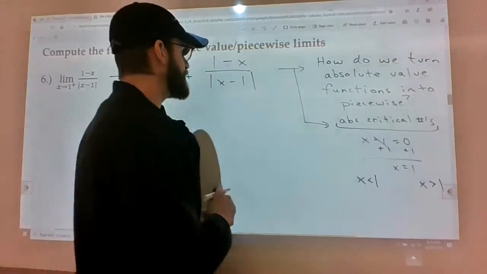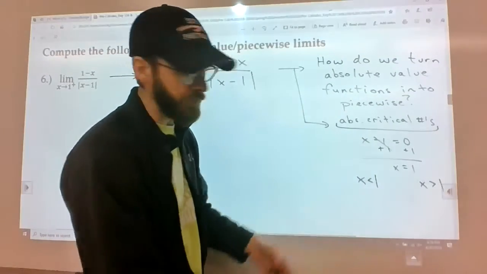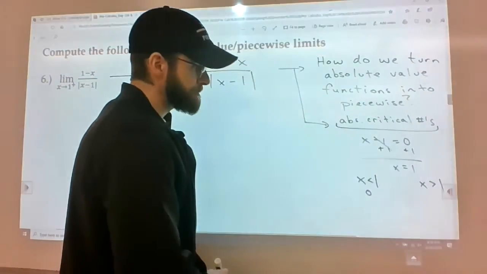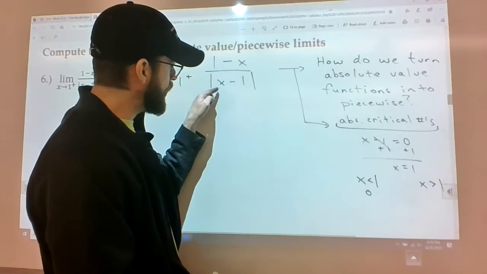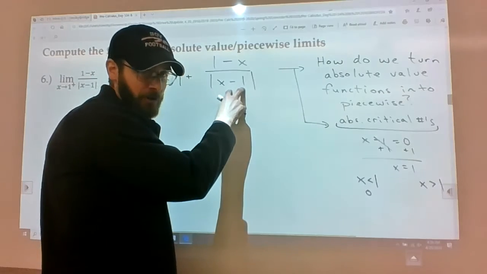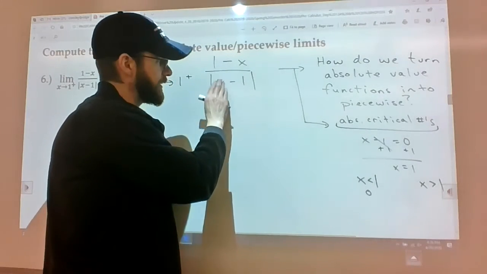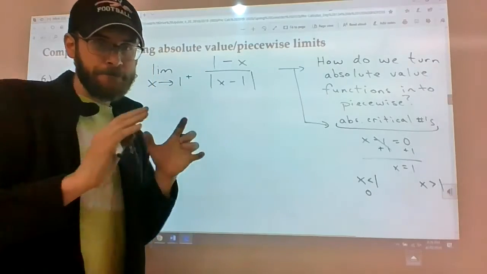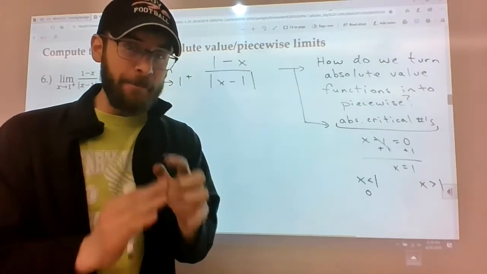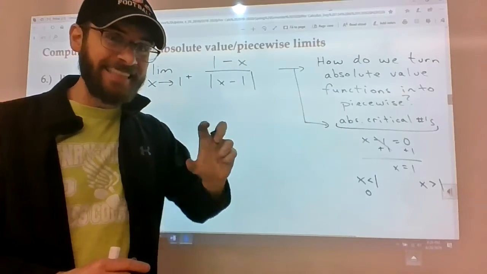So pick a number that's less than 1. 0. When I plug 0 into this right here, what is the behavior of that absolute value function? You get -1. If it's a negative number, then that means that the absolute value quantity behaves like the negative of that quantity.